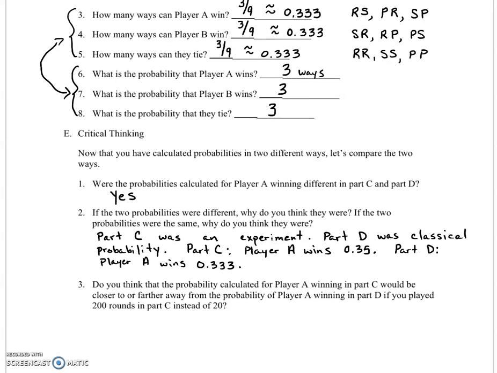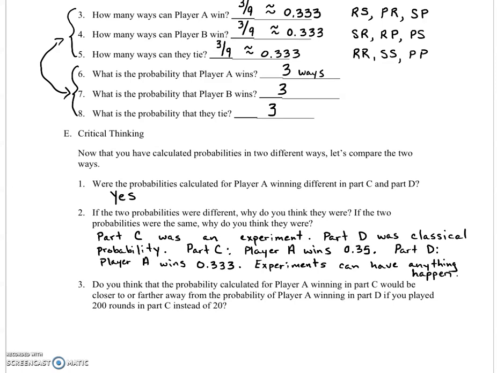So the reason that that happens is because in an experiment, anything can happen. So let's think back to flipping a coin. If you flipped a coin 100 times, you would expect 50 of them to land on heads.